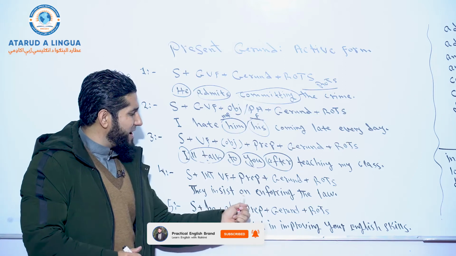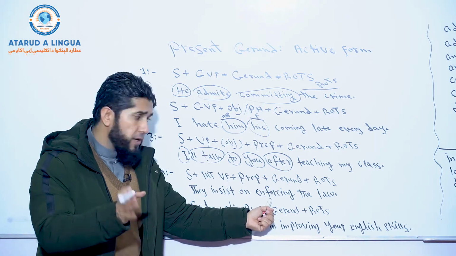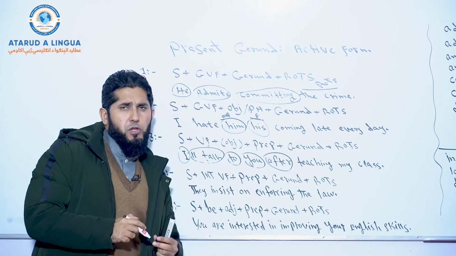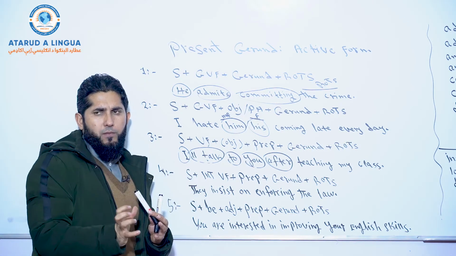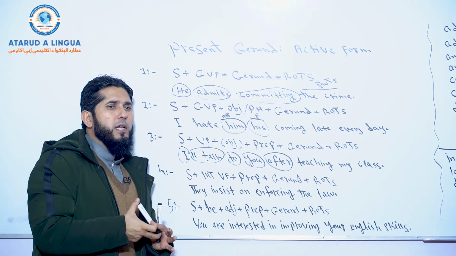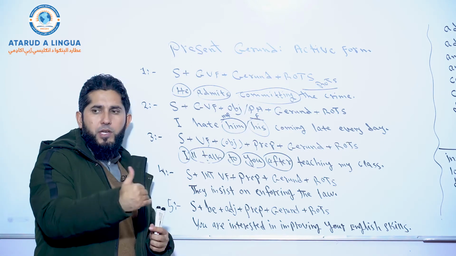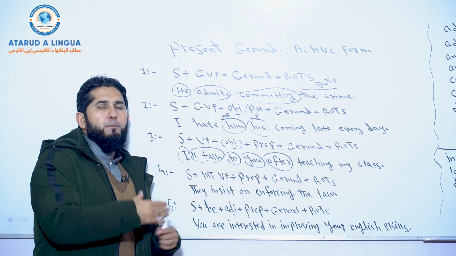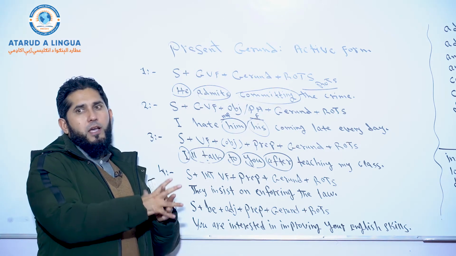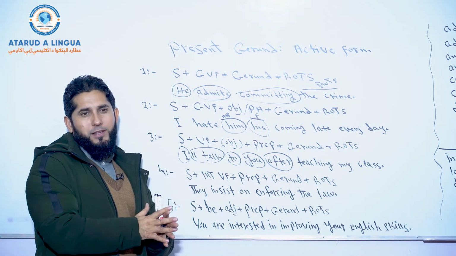They insist on enforcing the law. For example, you can say Taliban insist on enforcing the Sharia law. The government, the current Afghan government, insists on implementing the constitution, the current constitution of Afghanistan, right?